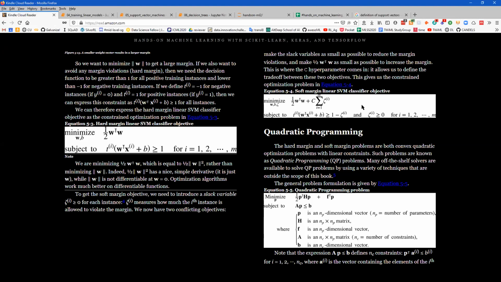B is a constant. It's basically we have to massage this equation, this inequality, to make it look like that.